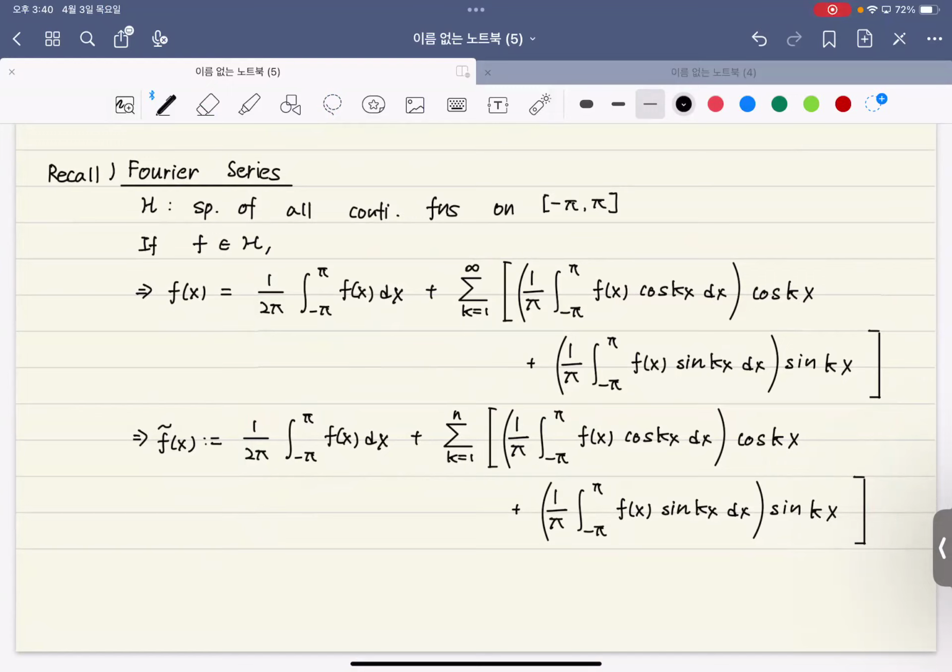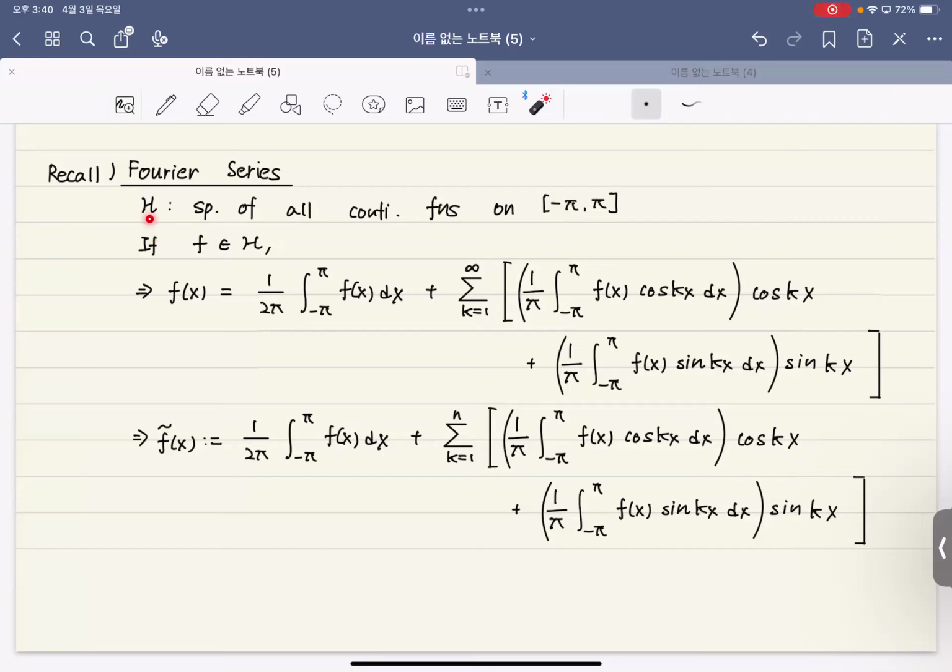As of now, this looks like nothing but merely a truncation. Truncate this infinite sum to the finite sum. But what I'm going to show you today is that this is not merely a truncation. This is actually a projection. Projection on what? Now things are getting interesting.